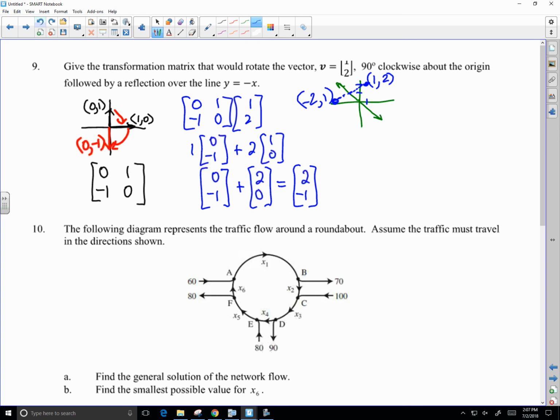So now we just have to put that in the form of a transformation matrix. At least we have a sense of what the end game is supposed to be. Again, we switched x and y, and then we negate x.